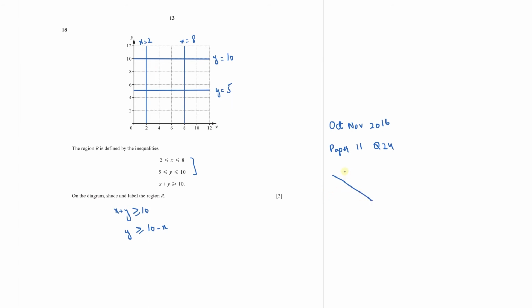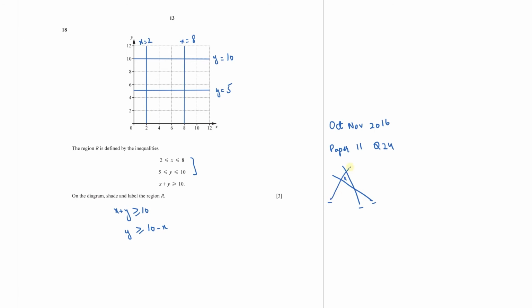For example, if you're given a couple of lines like this and you have to label this region here, and you are given equations for this line here, this line here, and this line here, don't just go in straight away. So let's assume I have this line given here, this region R is below this line, so just do not substitute the inequality less than or equal to in the given equation for this line.